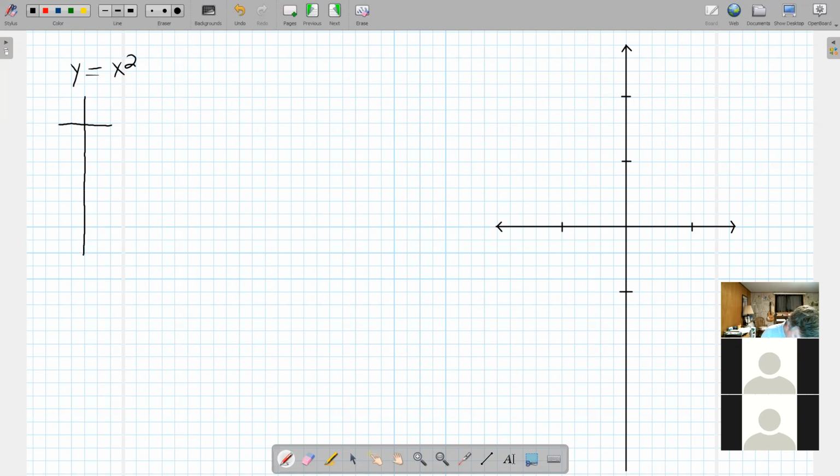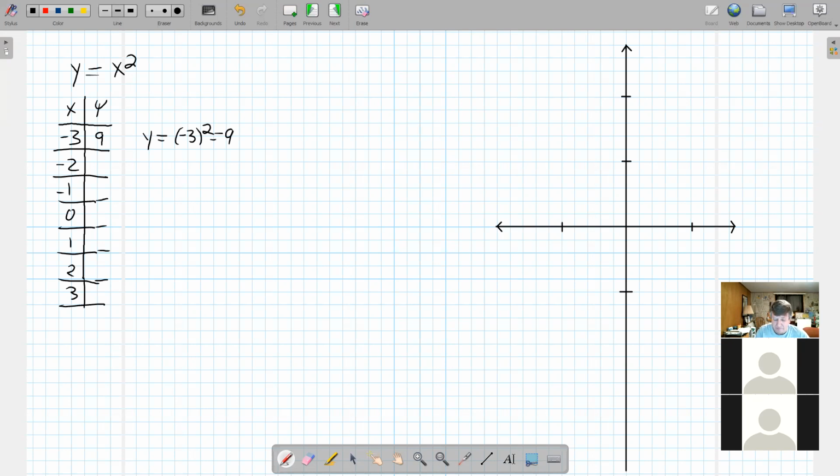Whenever I'm graphing something and I'm not really sure what's going to happen, what it's going to look like, I like to start with x values going from -3 to +3.